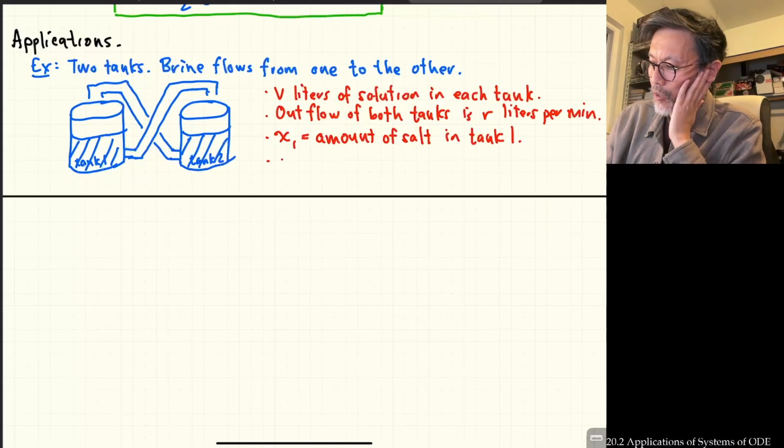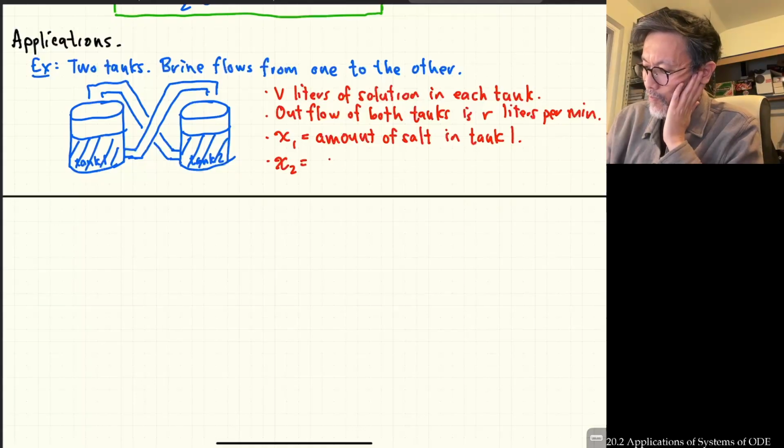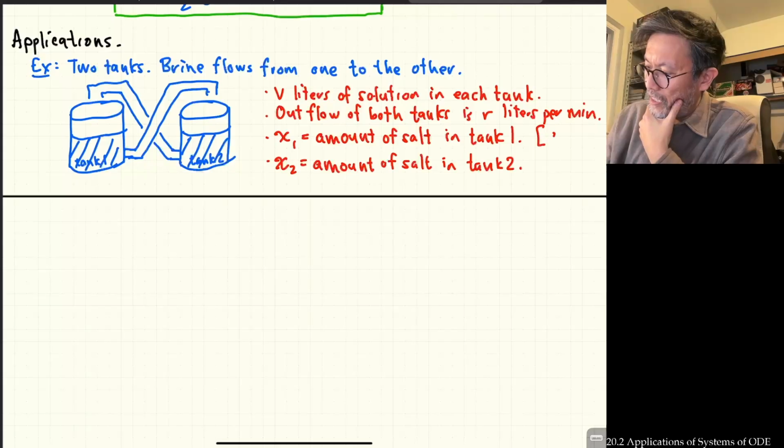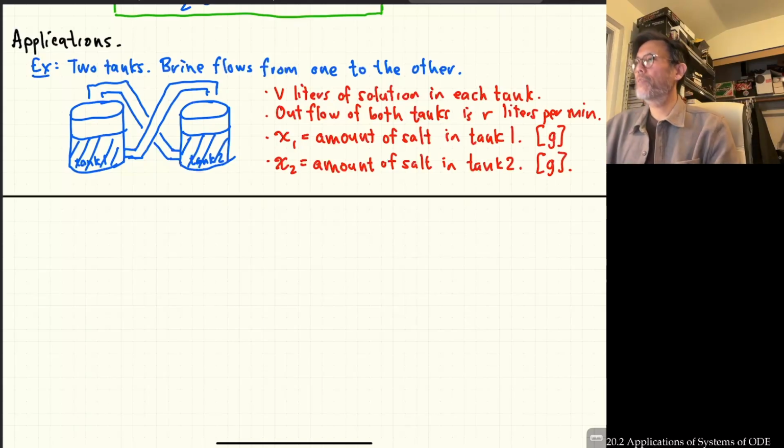And we'll call x2 the amount of salt in tank two. And we're measuring this in grams, so I'll indicate that like this. The units on x1 and x2 are grams. Okay?